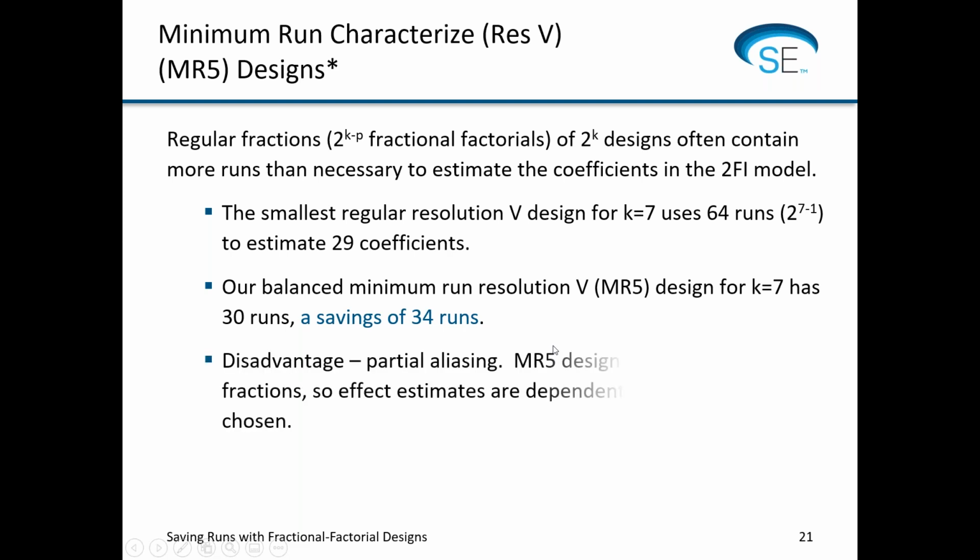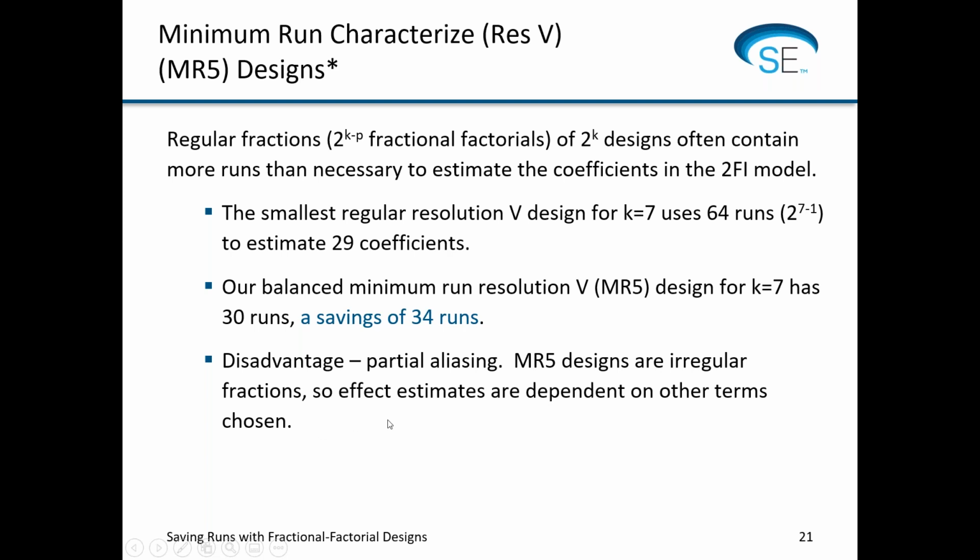So that's pretty cool. Now, there's always disadvantages. And disadvantage of minimum run designs is something called partial aliasing. So I'm going to show you what that looks like in an example. But these designs are irregular fraction designs. Because of this partial aliasing, effect estimates are dependent on the other terms that are chosen in the model.